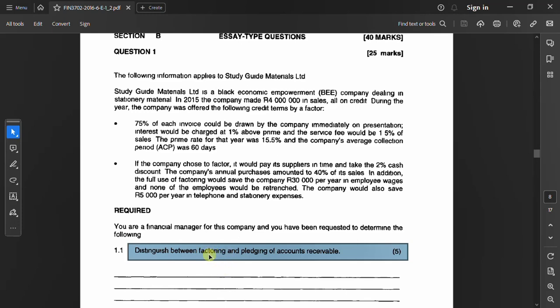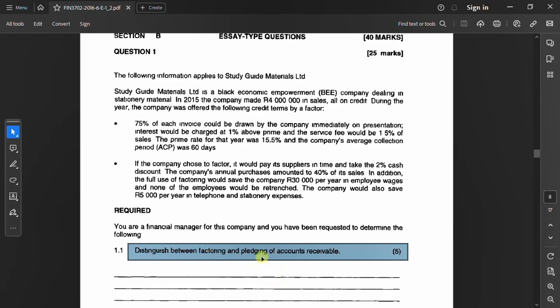You've sold 100 million in sales, obviously at a profit, and that profit could be quite substantial. So you could say, I'm already making a profit on the sale itself. Can I take a discount on the amount outstanding to sell this to a debt collector who will then follow up and collect all the outstanding debts? That's what factoring is.